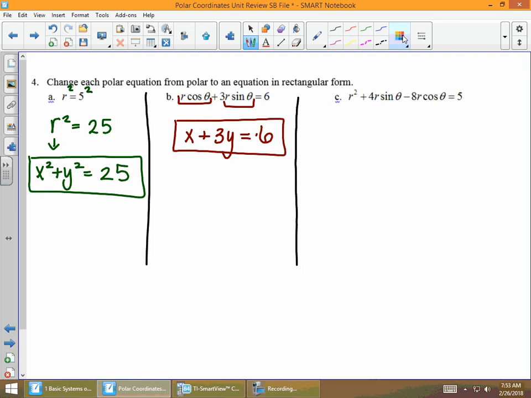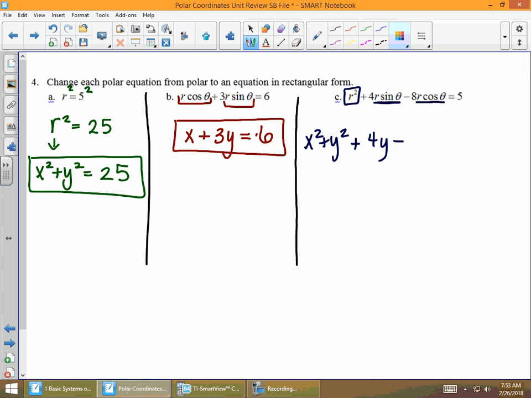All right, last problem here, last conversion. A little more work to do with this one. So I see r squared, I see r sine of theta, and r cosine of theta. So I'm going to do those conversions first and then see what we've got. So r squared is the same as x squared plus y squared. And for r sine of theta, remember r sine of theta is the same as y.